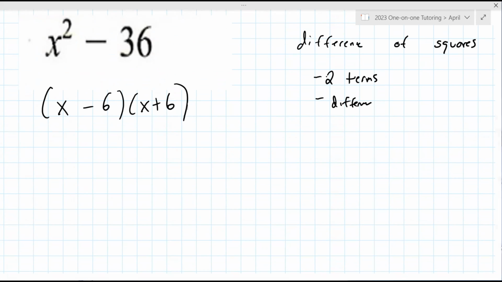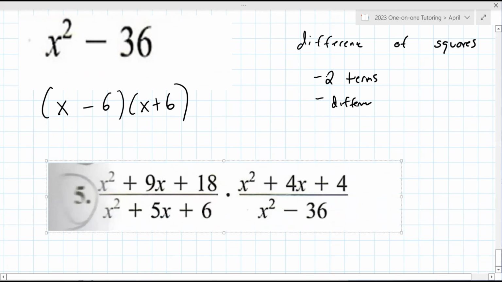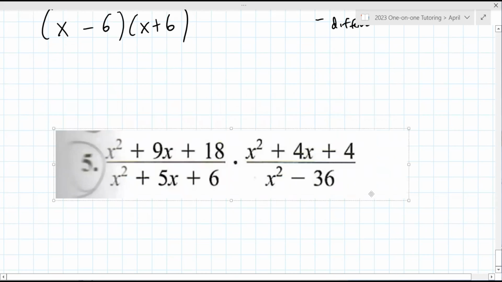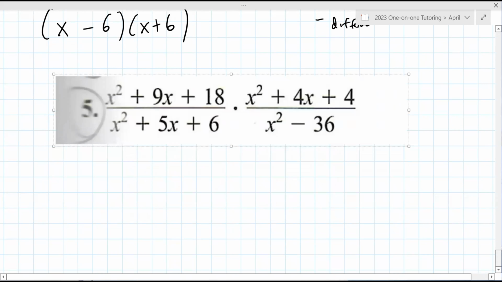All right. Okay, so here's what we've done. We have factored all of this. So here's what I'm going to do. I'm going to rewrite. Sorry for moving all this around. Instead of the x squared plus 9x plus 18, that was x plus 3, x plus 6.